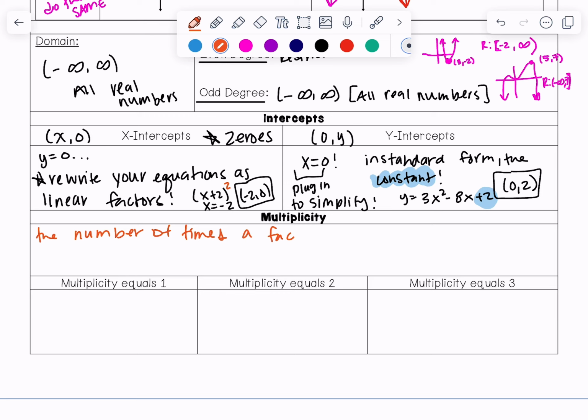A factor, I don't want to say root, because we know every factor has its own root. The number of times a factor is repeated. And not only is this the definition of what it is, but it's important because it affects the shape of your 0.